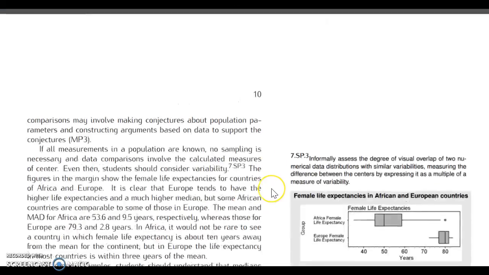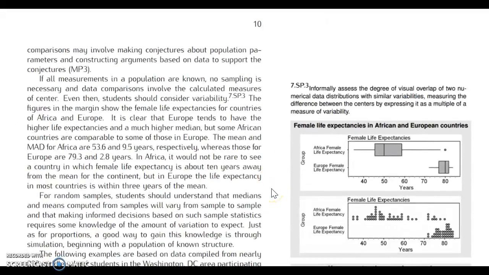The standards that we're looking at with inference here: informally assess the degree of visual overlap of two numerical data distributions with similar variabilities, measuring the difference between the centers and expressing it as a multiple of a measure of variability.